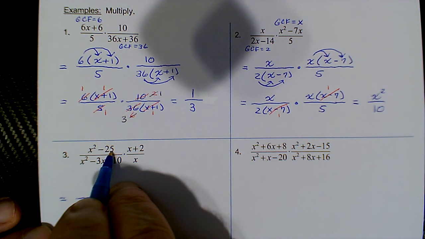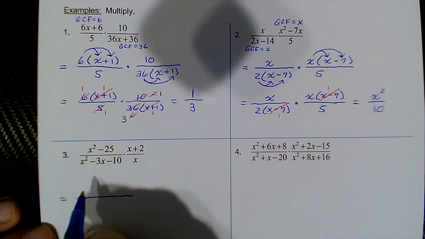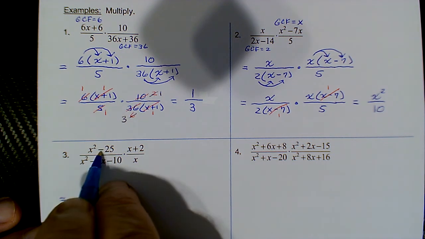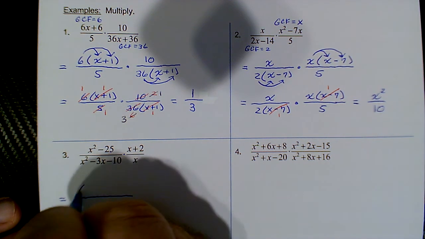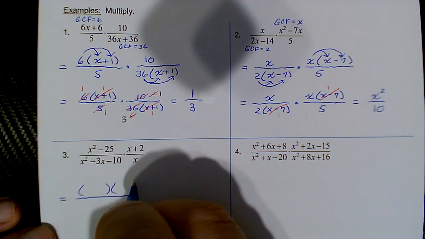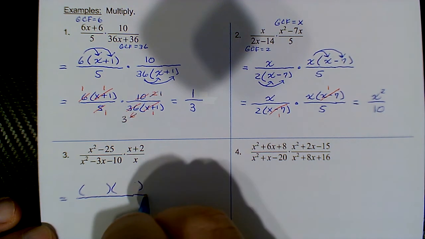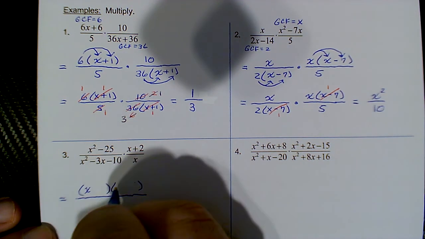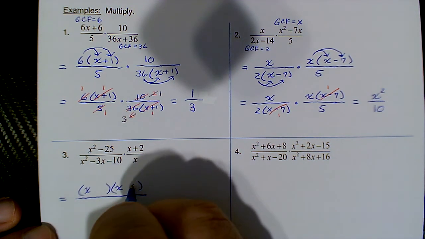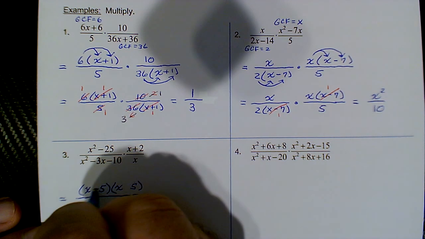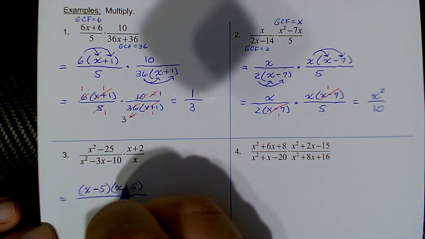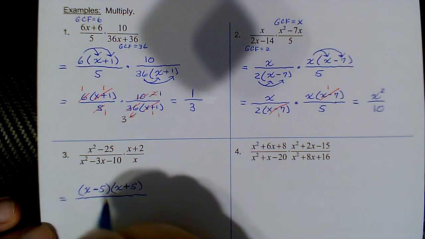So we should be able to recognize that immediately as the difference of two perfect squares, x squared and 25. So product of two binomials, x and x in the first positions, 5 and 5 in the second positions. One's negative and one's positive. And again, it doesn't matter about the order.